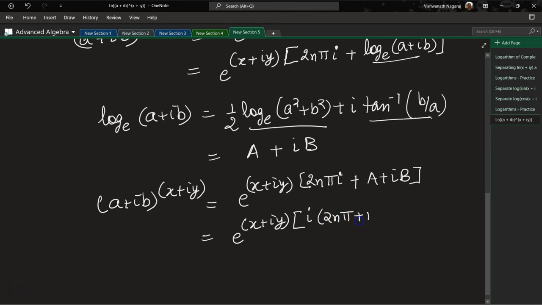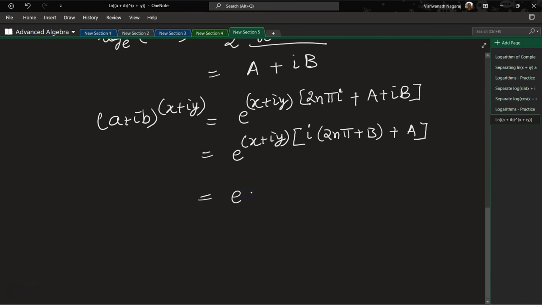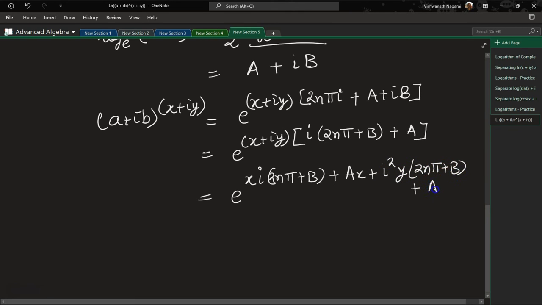Now let's multiply both. What do we get? We get x times i(2n pi plus B) plus Ax plus i square y(2n pi plus B) plus Aiy, right?